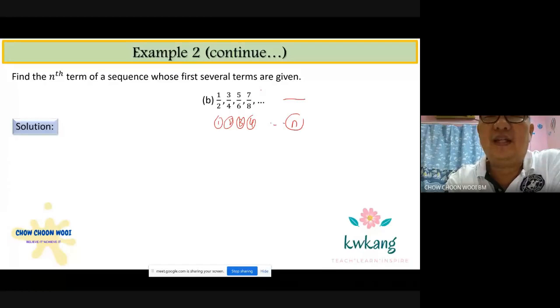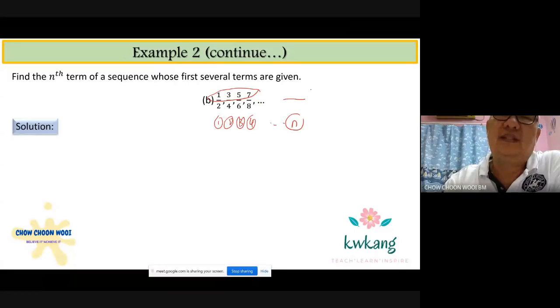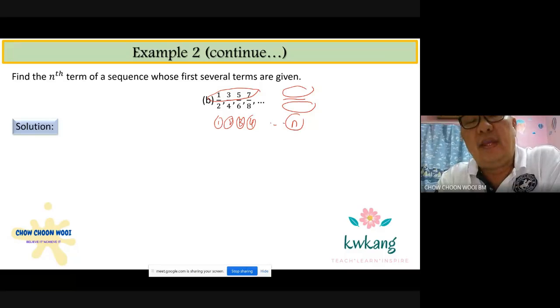If you look at this one, the numerator, it is actually a sequence of odd numbers. Where the denominator is actually a sequence of even numbers, right? So apakah Tn for odd numbers here? And what about the Tn for even numbers?